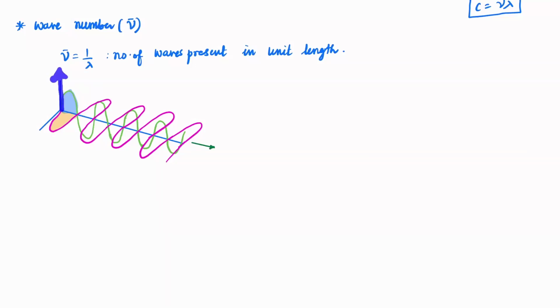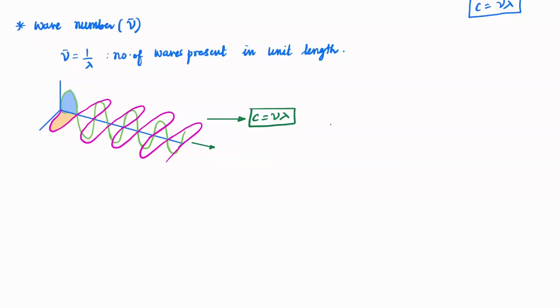For example, if this is the direction of the electrical field, it will propagate in this direction. If this is the direction of the magnetic field, that also propagates in this direction. So for electromagnetic radiation, we say that c is equal to nu lambda. Correct?